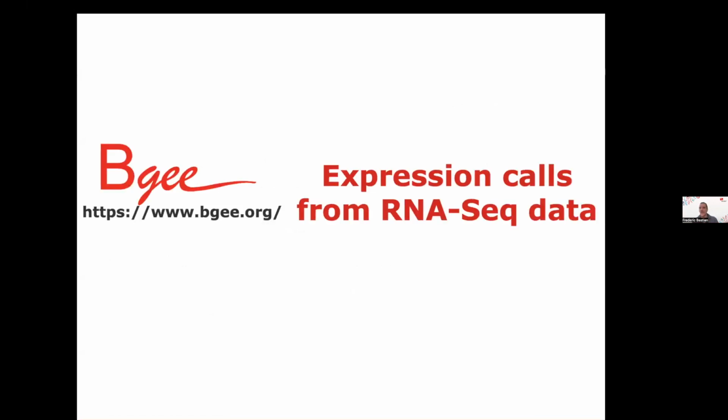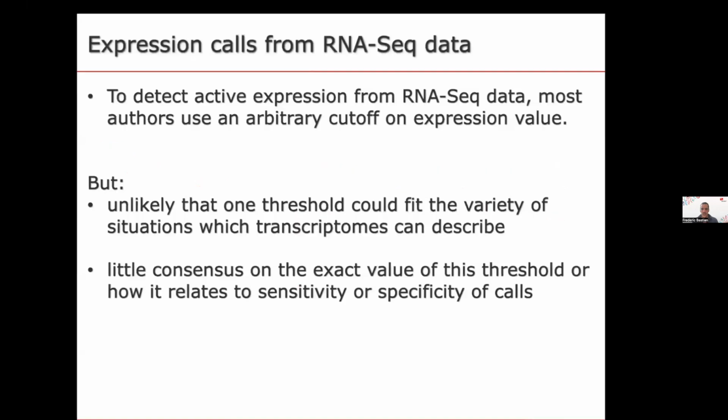So I will give you an example using RNA-Seq data, starting with bulk RNA-Seq data because it's simpler. Usually, authors in publications define an arbitrary cutoff on their data to detect genes that are actively expressed. That might be maybe 10 counts, or 2 TPM, or 1 CPM.